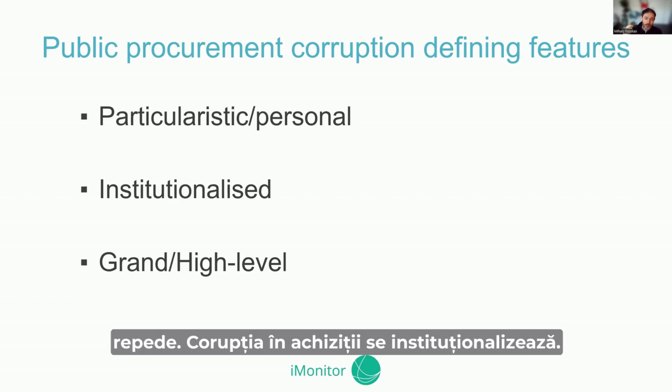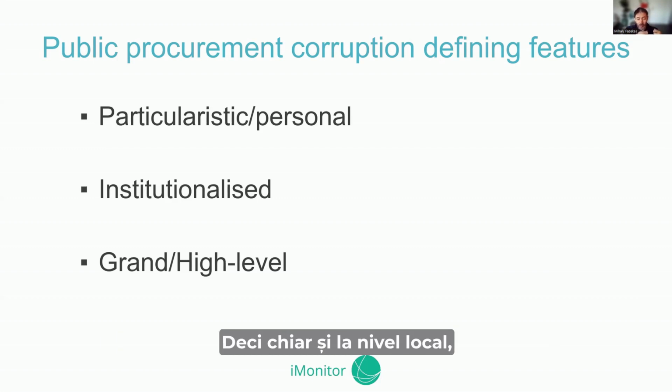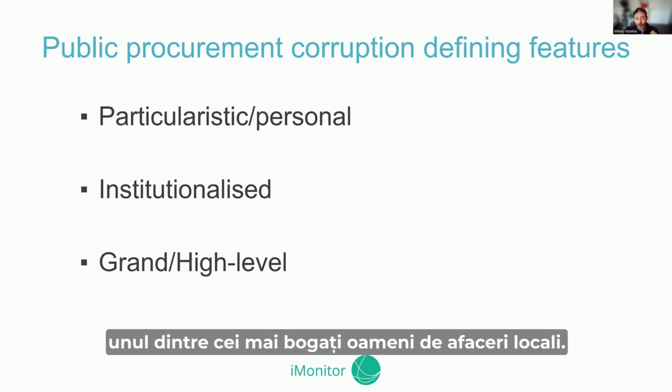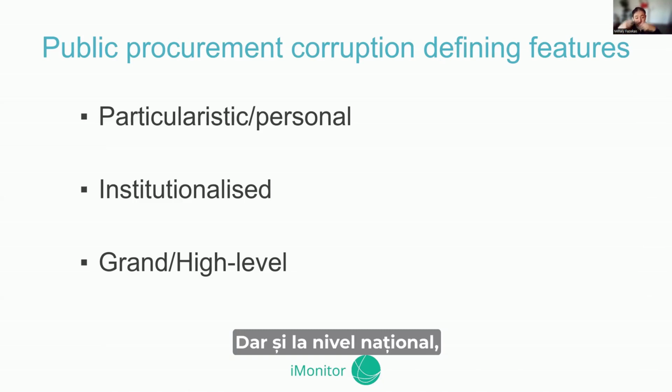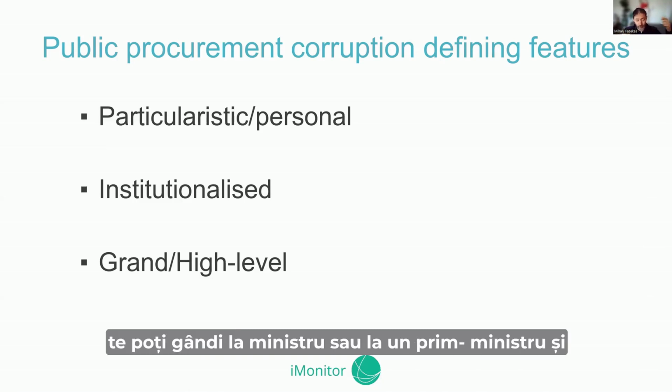So quickly, corruption in procurement gets institutionalized. What this means is that corruption happens over and over again. And this also means that the actors who run corrupt schemes in procurement are typically very high-level actors. So even on the local level, the mayor would be involved, one of the wealthiest local businessmen, but also on the national level, you can think about a minister or a prime minister and the family members of that person.